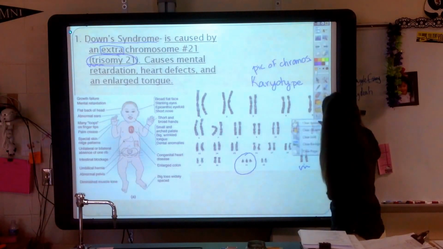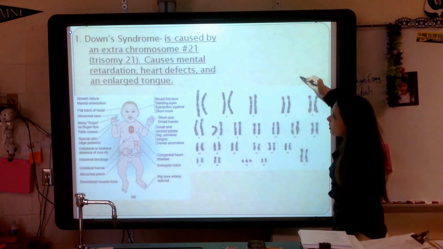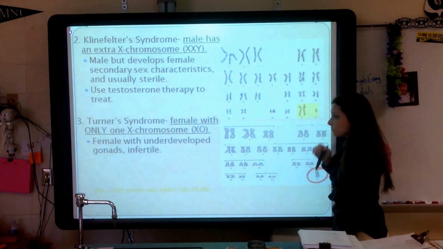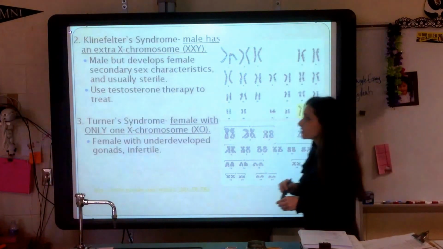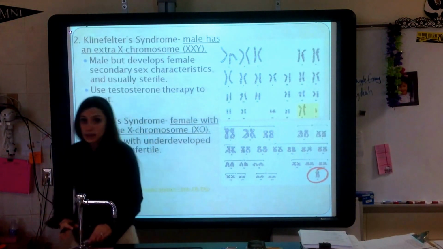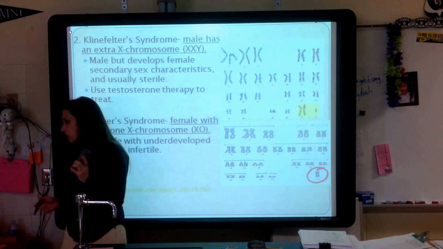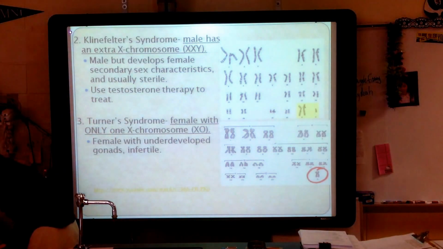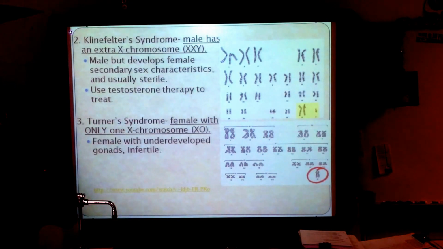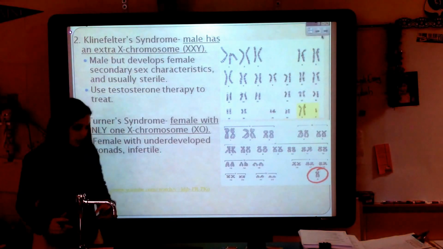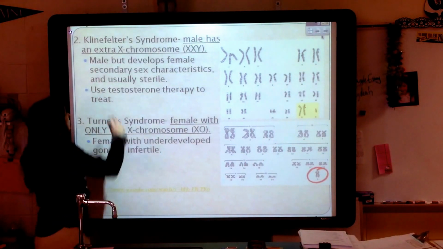The next example that we want to look at is called Klinefelter syndrome. Klinefelter syndrome has to do with the sex chromosomes. It's when you have an extra X chromosome, but you also have a Y chromosome. So you are XXY. And so one of the ways that I like to remember Klinefelter is I think of the word as being long.